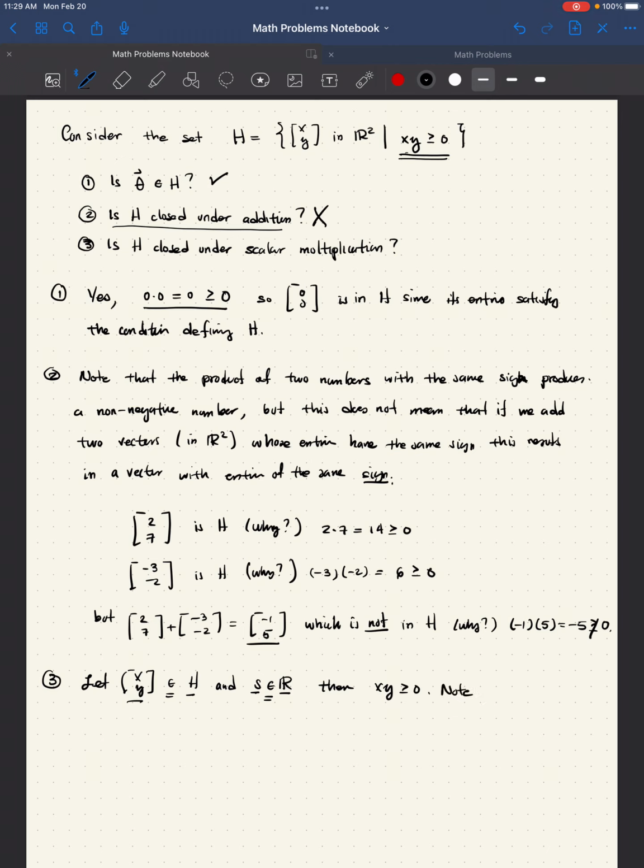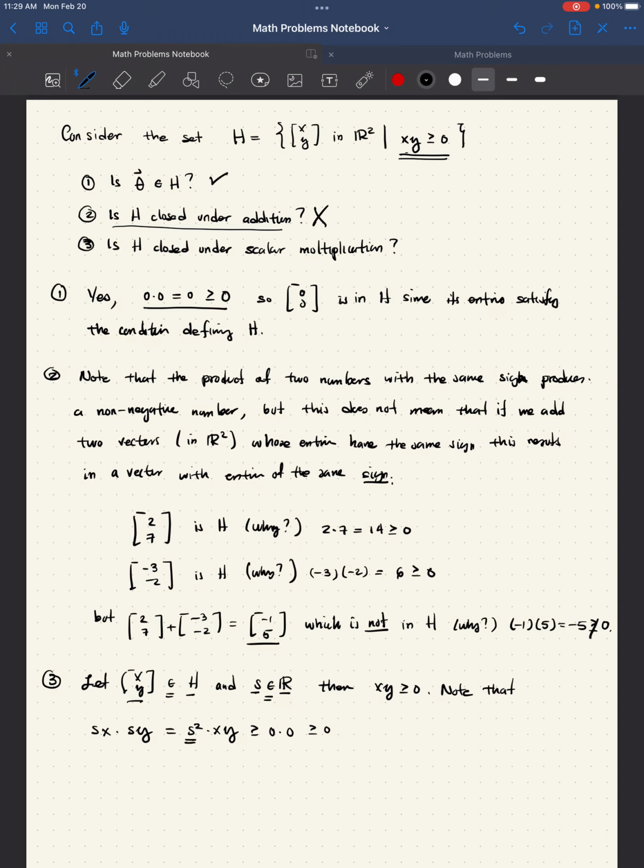And note that sx times sy is equal to s squared times xy, which is greater or equal than 0 times 0, which is greater or equal than 0. Why?